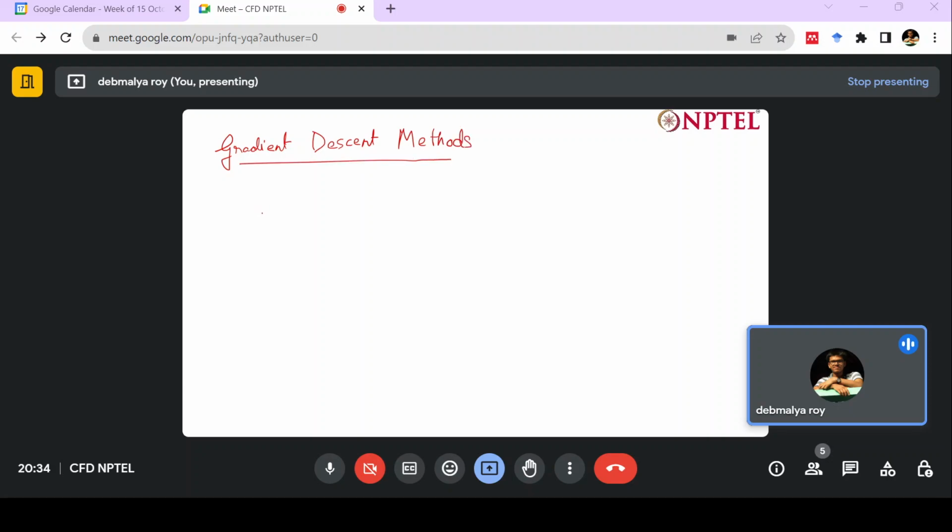Here the idea is, for a two-dimensional case, to assume it to be a contour. So you try to define a function f which is like half x transpose A x minus b x, plus C you can also say.